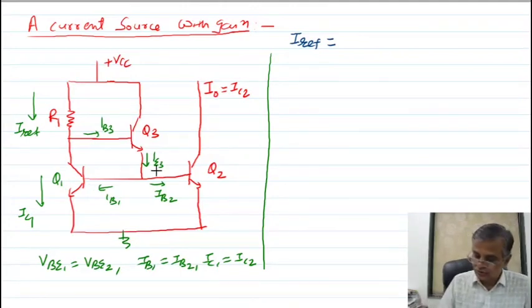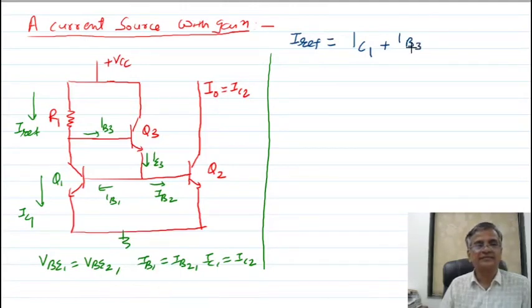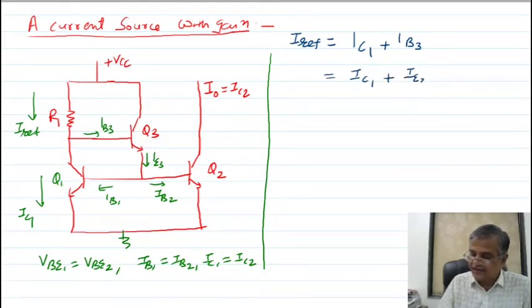So I reference is IC1 plus IB3. What is IB3? This is nothing but IC1 plus IE3 upon beta plus 1. I think you remember this equation.